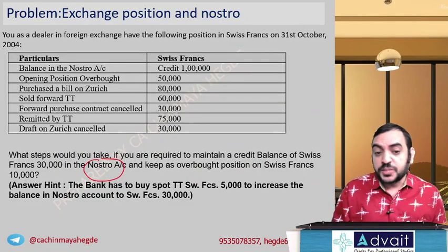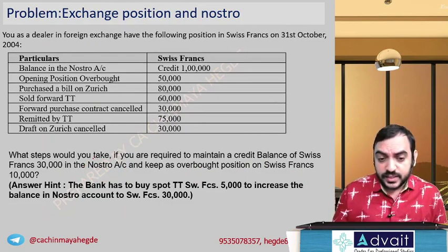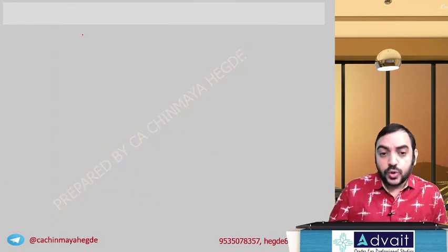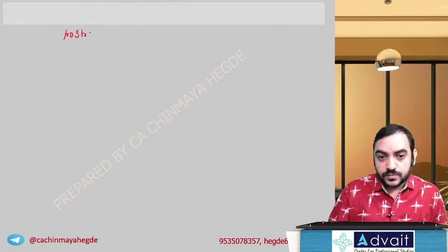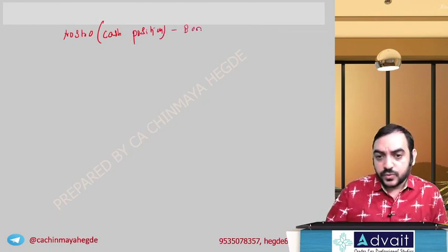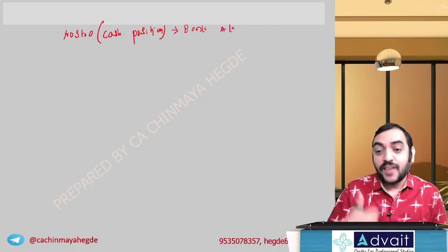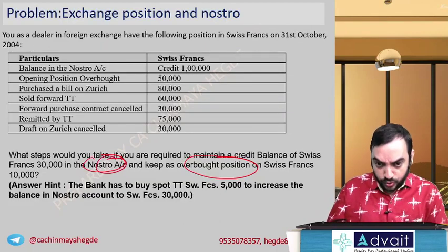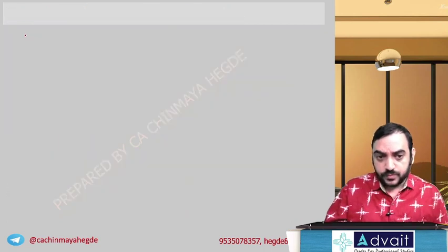Now, with respect to this problem, let's focus on it. They mentioned Nostro account and overbought position. This Nostro account is like a cash position, I would say. Basically, it is a bank account the dealer maintains. Dealer having an account with a bank. So, in this case, when they say Nostro account, because they're talking about a dealer, let's write that.